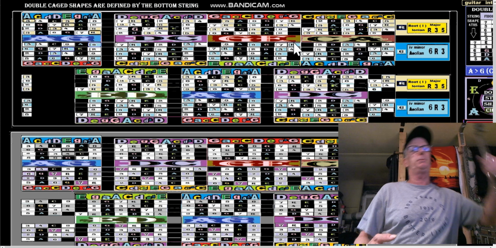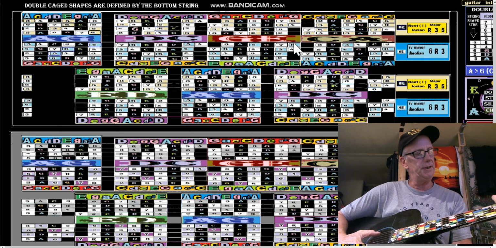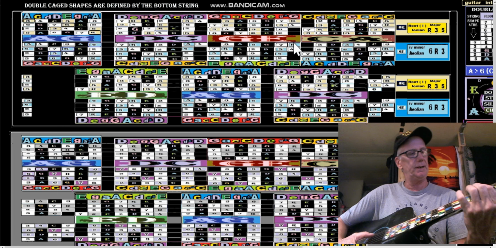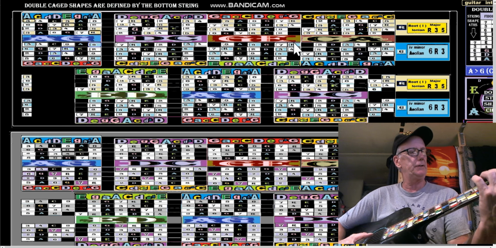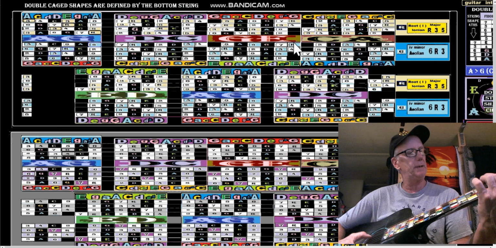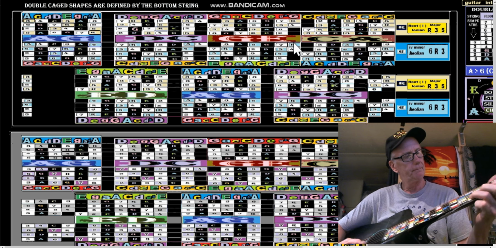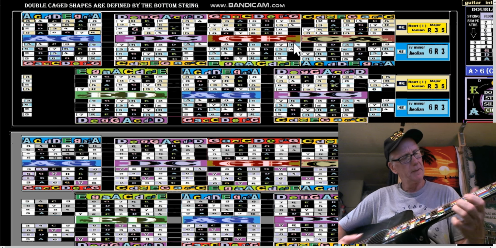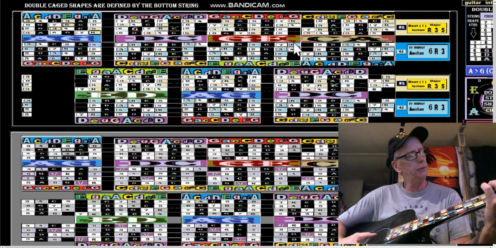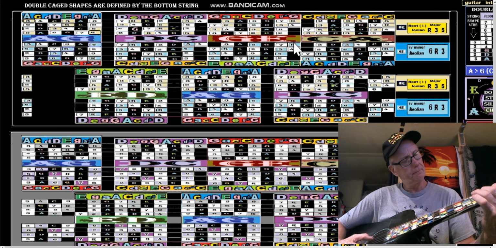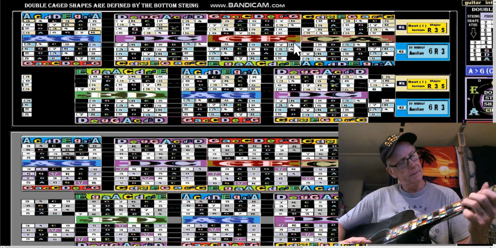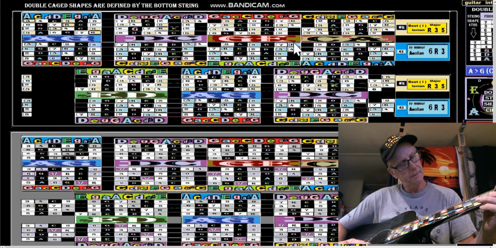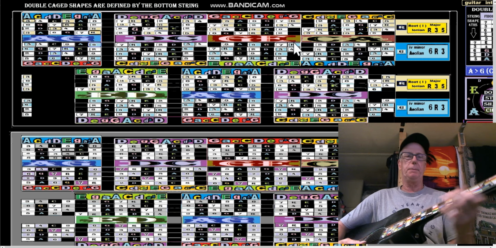If I wanted to do double string shapes on here, I could do D and C. So just considering, instead of making this its own string shape, and this, we'd just do one. That would be the pentatonic.